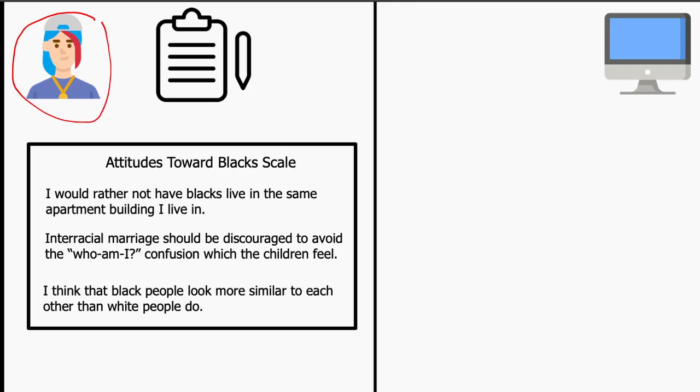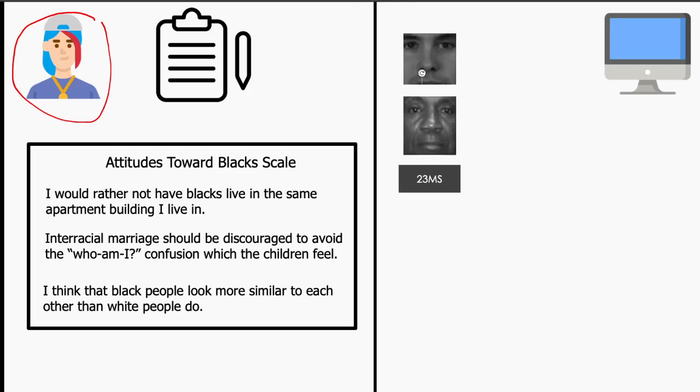It was 2001, so it could be on a computer, but most likely you're still using paper and pencil, and you would be asked something like, I would rather not have Blacks live in the same apartment building that I live in. Interracial marriage should be discouraged to avoid the who-am-I confusion which the children feel, and so forth. So in the tradition of the modern racism scale, more subtle yet explicit ways of asking for racial attitudes. And thereafter you would do one variation of Fazio's automatic evaluation task.